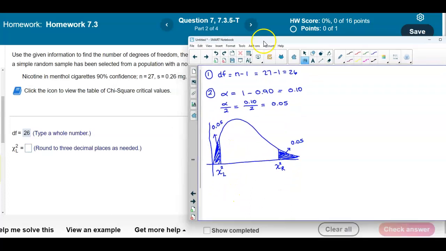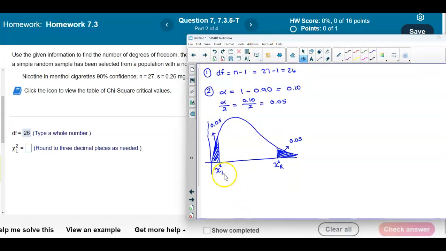So what we can do is use StatCrunch to determine our critical values. In order to do that, you want to find the probability of chi-square on the left. If you notice, it's being shaded to the left, so we have our inequality going towards the left, and we know the area is going to equal 0.05.